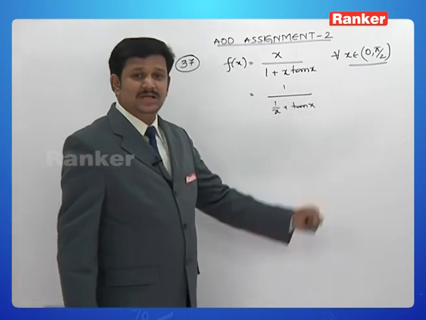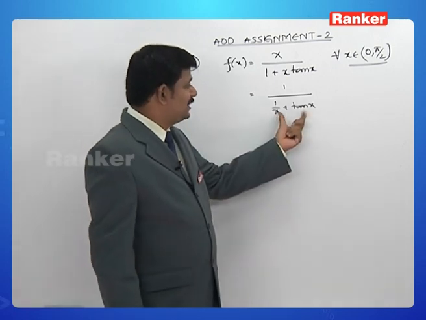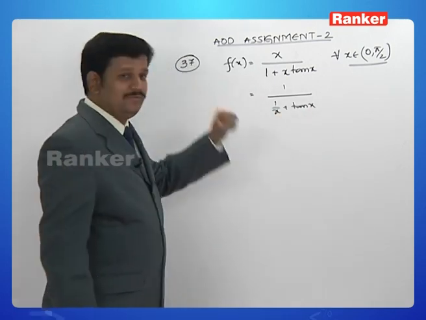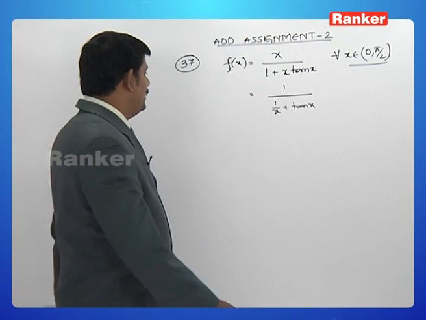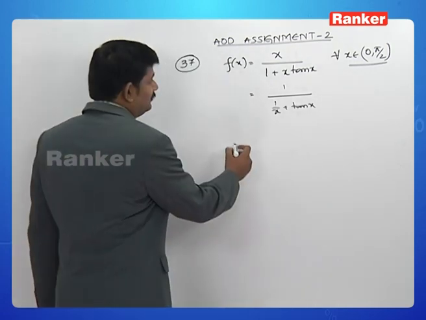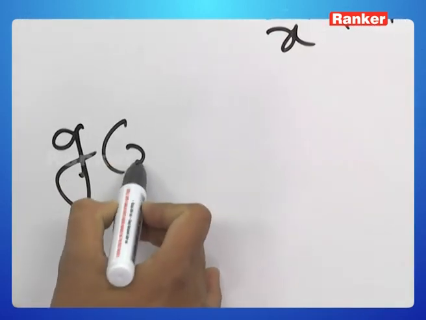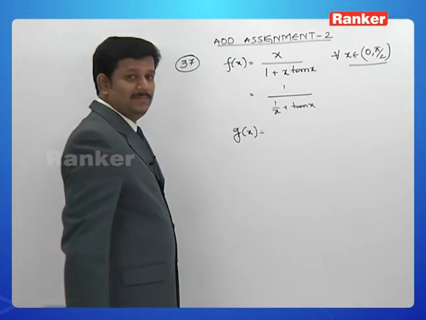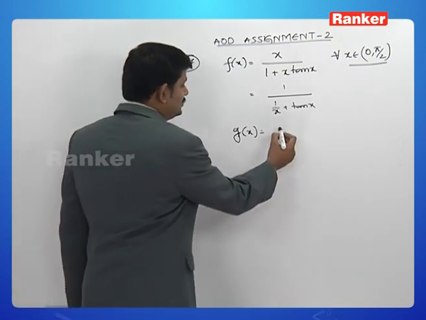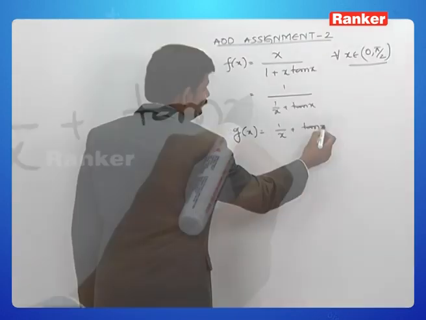Wherever 1 by x plus tan x is increasing, f of x would be decreasing. Wherever this has a point of local maxima, f of x has a point of local minima. So, let us take the advantage of 1 by x plus tan x being positive in the interval 0 to pi by 2, and let us look at monotonicity and maxima minima of the function g of x is equal to 1 by x plus tan x.